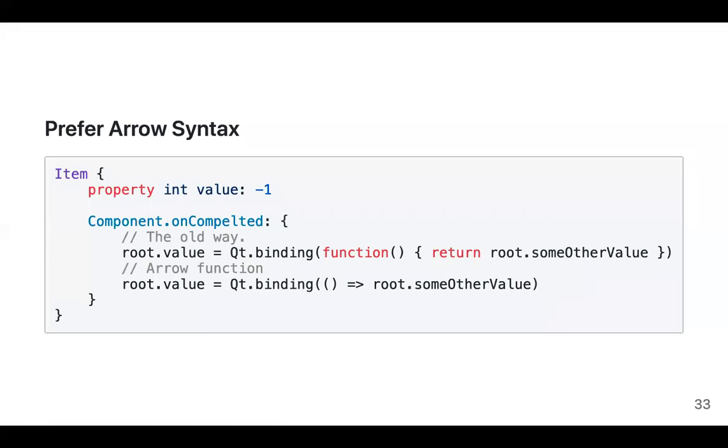When you look at it, it actually looks like the usual binding creation syntax, because if you just remove that Qt.binding there, it's essentially assigning some other value to root value, and it reads better than having that verbose syntax where you have to enter the function and curly braces and the return statement. Because of the implicit return statement feature in arrow syntax in ES6, you can just omit that part and just return the value by just referencing it.